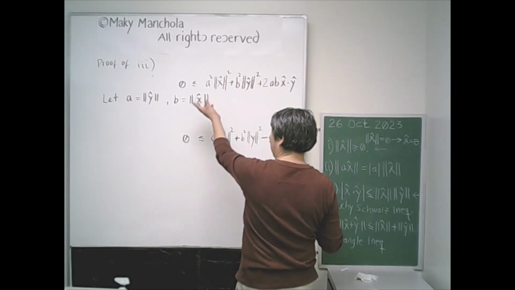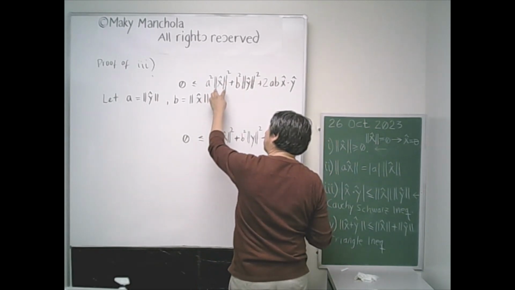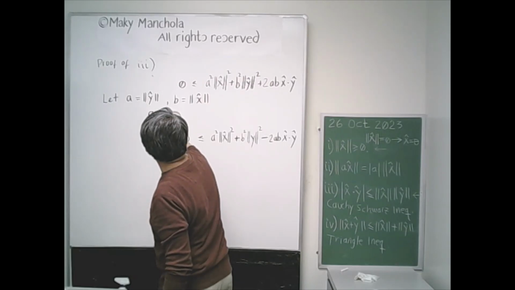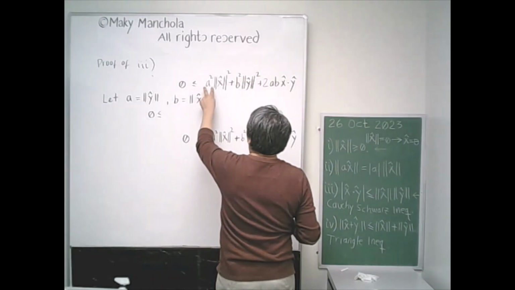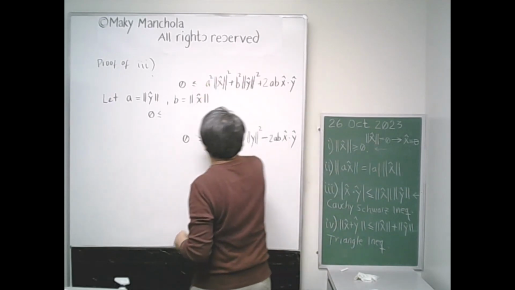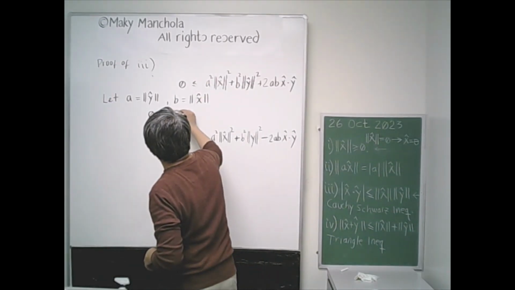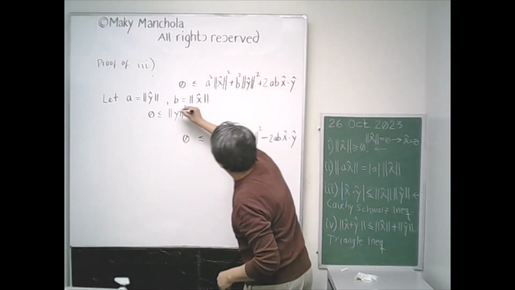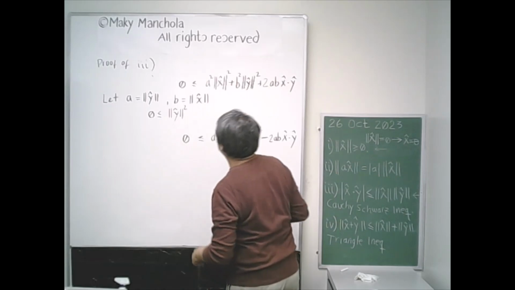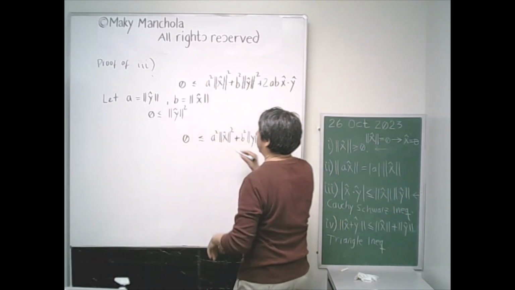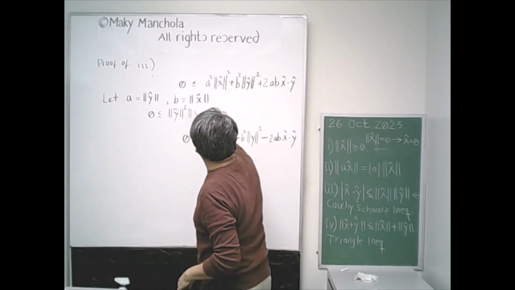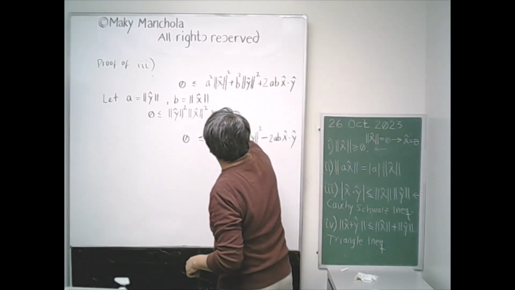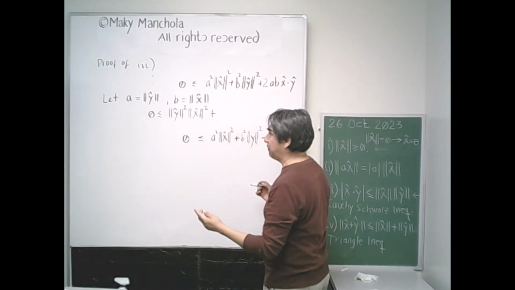So by substitution, here's what I'm going to get in my first inequality. I'm going to get that 0 is less than or equal to the norm of y hat squared multiplied by the norm of x hat squared, plus, pretty much the same thing, right?